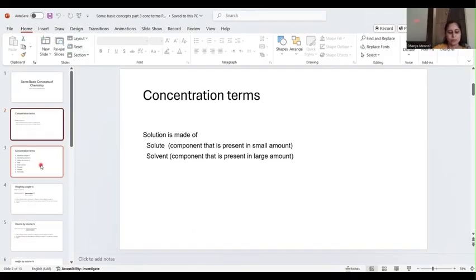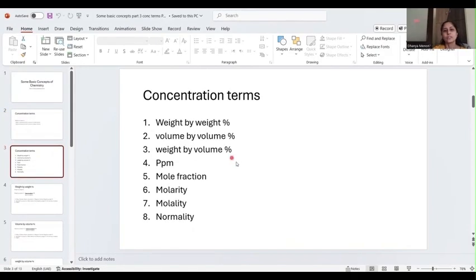Now, these are the concentration terms we will be learning about: weight by weight percentage, volume by volume percentage, weight by volume percentage, ppm, which is parts per million, mole fraction, molarity, molality, and normality. Today we will be learning until molarity. Molality and normality, we'll do as another video.